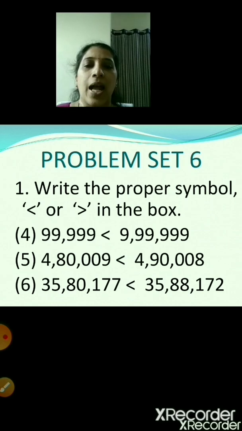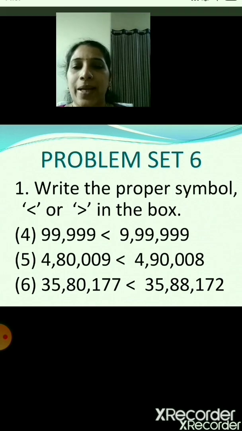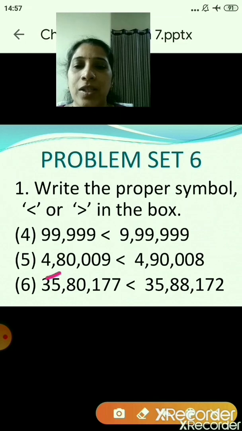4,80,009, and to your right hand side is 4,90,008. So first we'll compare both the sides. There are same digit numbers there. So both the sides, it is a 6-digit number. Right children? So we'll start the comparison from our left. First digit is 4.